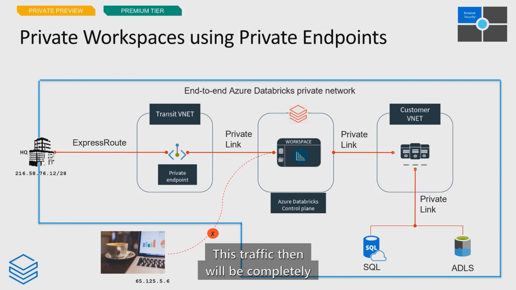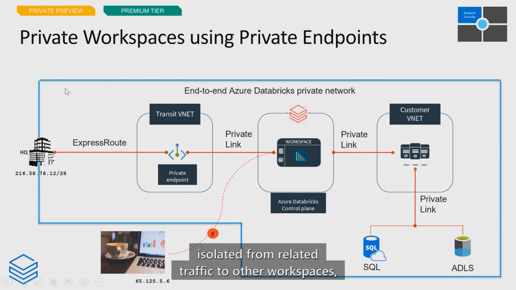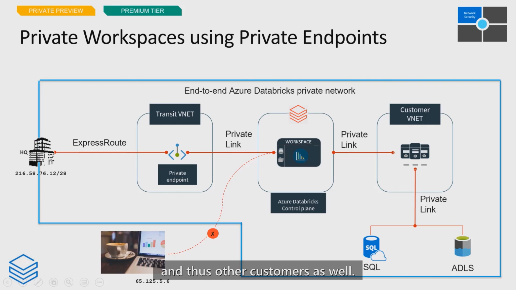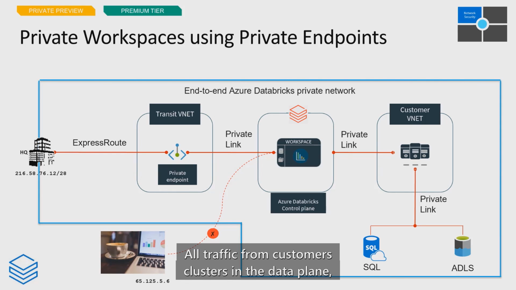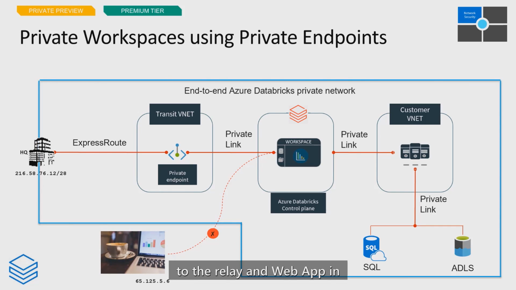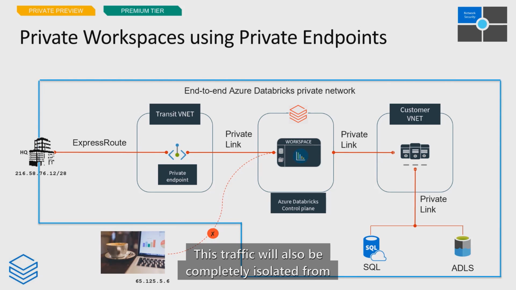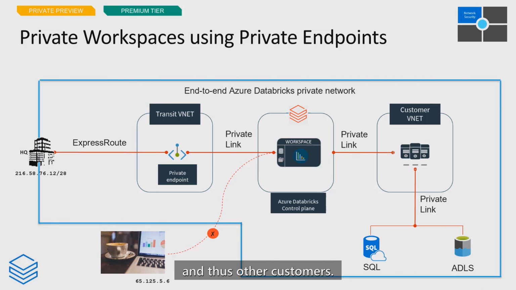This traffic will then be completely isolated from related traffic to other workspaces, and thus other customers as well. All traffic from customers' clusters in the data plane to the relay and web app in the control plane will now also go through a private tunnel. This traffic will also be completely isolated from related traffic for other workspaces and thus other customers.